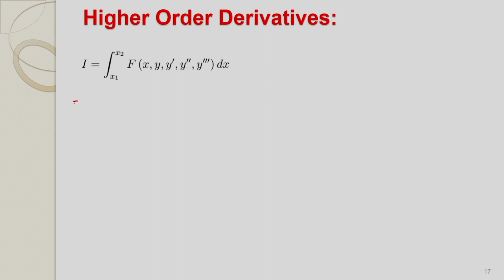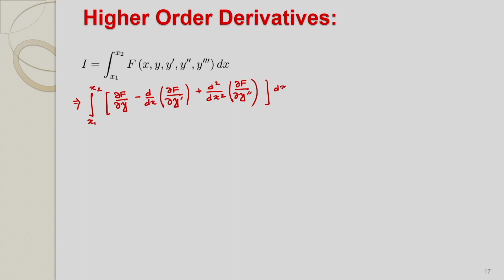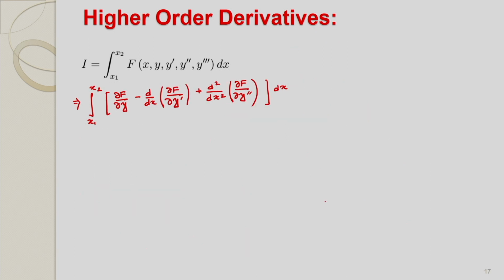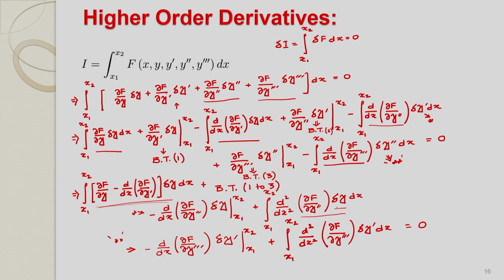So we can write, if you see this, plus d2 dx2 del f del y double prime.